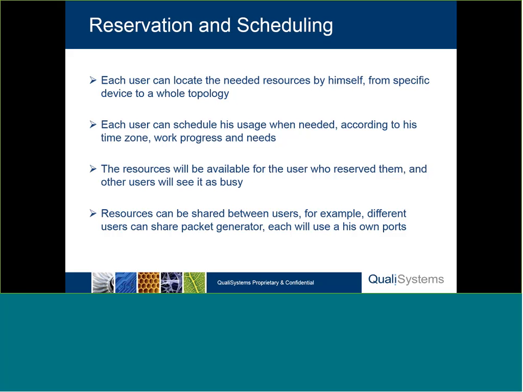For example, if you are building your database and the basic resource is an XIA port with a specific IP address or a specific blade, a few people can access the same resource at the same time, and you don't need to physically have it like in the traditional way in your lab.